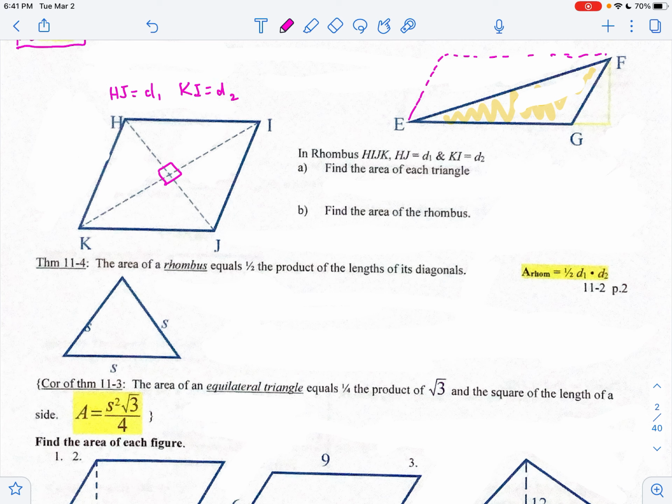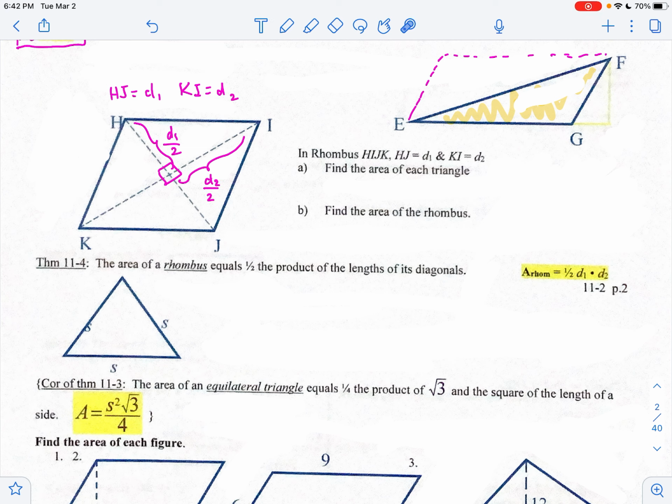So I would define HJ as D1, and the diagonals of a rhombus bisect each other. So this is half of D1, or D1 over 2. I can do the same thing on the other diagonal and define this as half of D2.